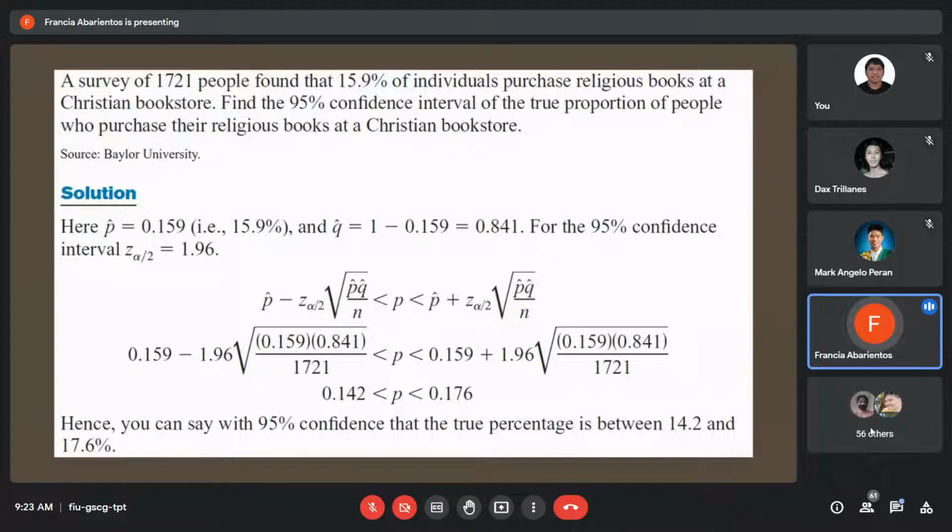So, given sa atin yung p hat natin or the sample proportion, yan. Given na sa atin. We have now 15.9%. Okay. In finding the q hat, just subtract it from 1. You have your q hat now. And for a given 95% interval, so hahanapin nyo to dun sa table, we have 1.96.